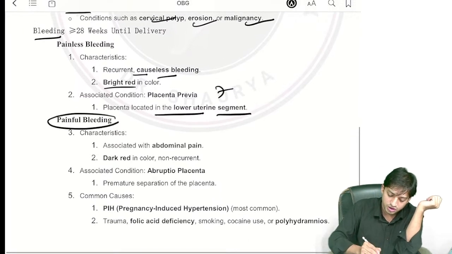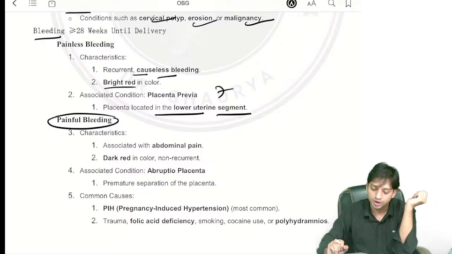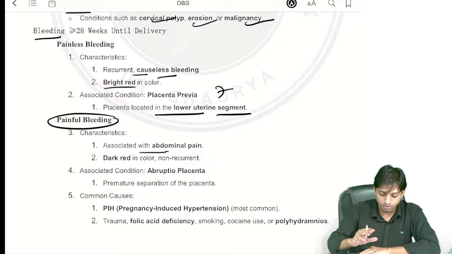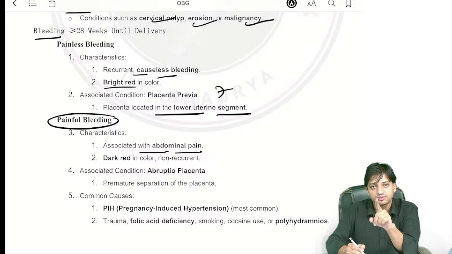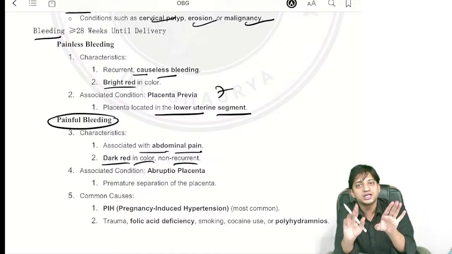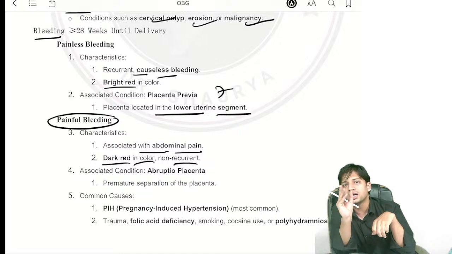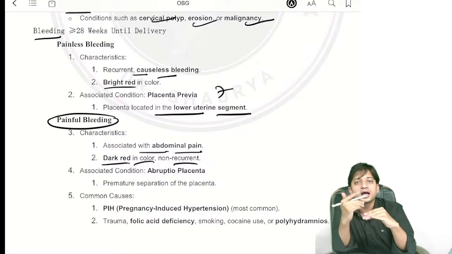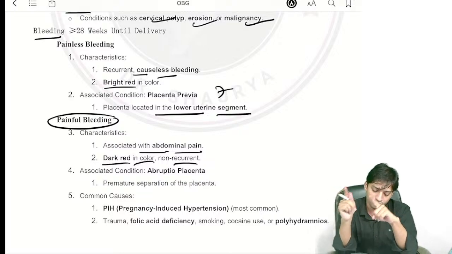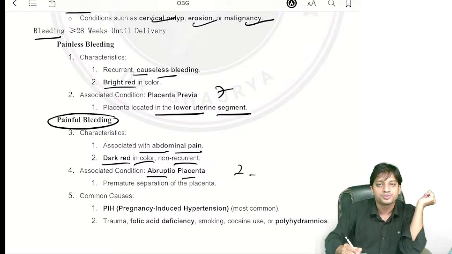If they give you a history of painful bleeding, then what are you going to do? Look at the characteristics. If it is painful bleeding associated with abdominal pain, and that bleeding is dark red in color and non-recurrent, that means it will happen once, not repetitive, then you have to guess or suspect abruptio placentae.